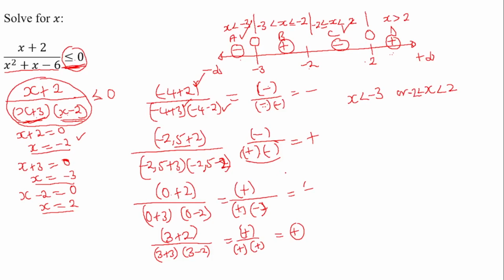Or you can write it as x is an element of negative infinity to negative 3, union square bracket, because negative 2 is included, negative 2 to 2, 2 not included. And x greater than 2 is out. So this is the solution that you can have.